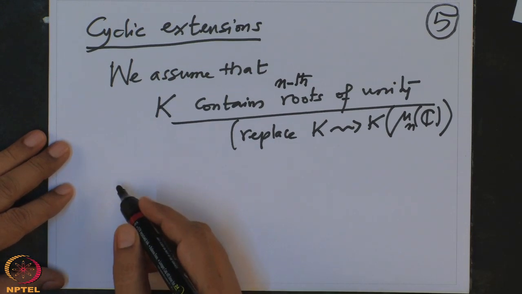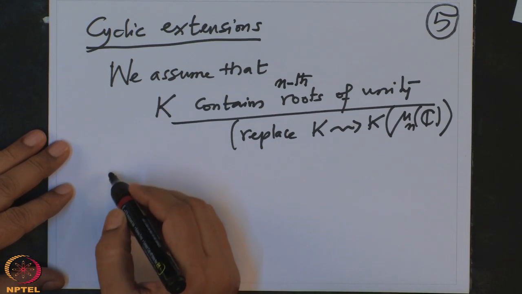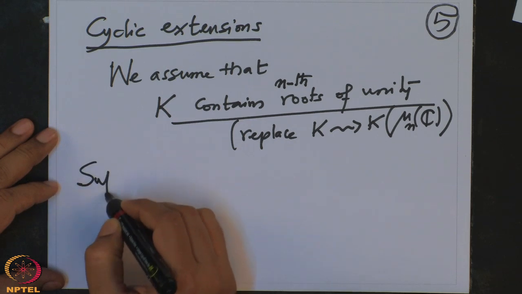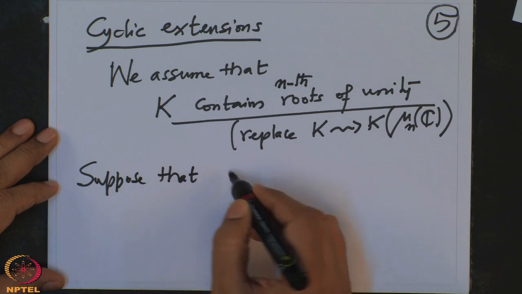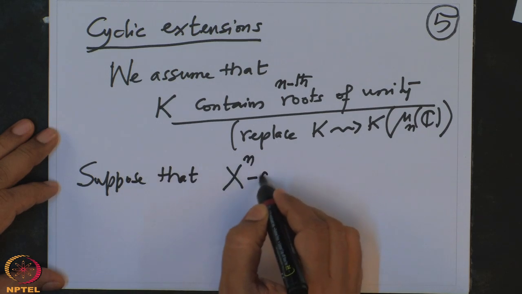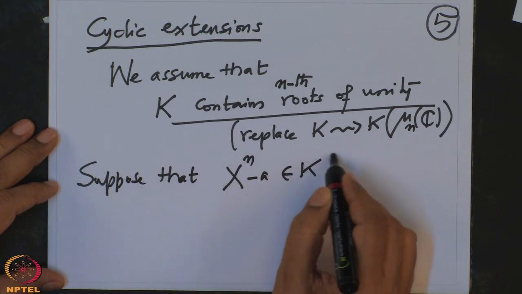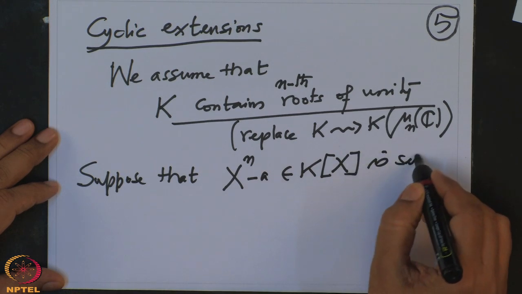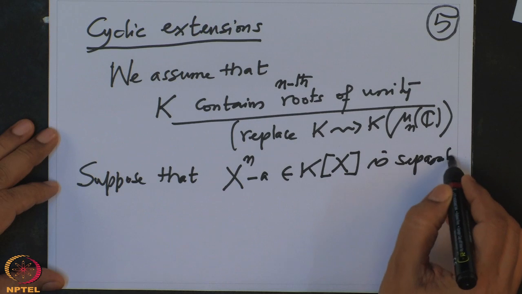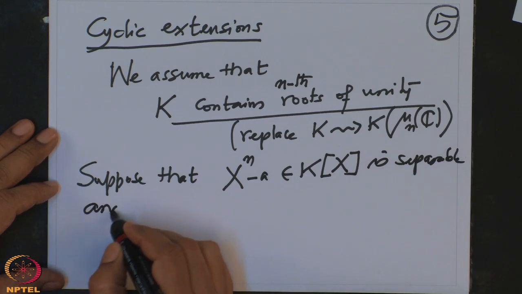So assume that x^n - a is a polynomial in K[x], and it is separable and irreducible.